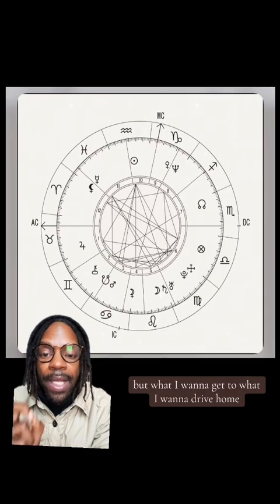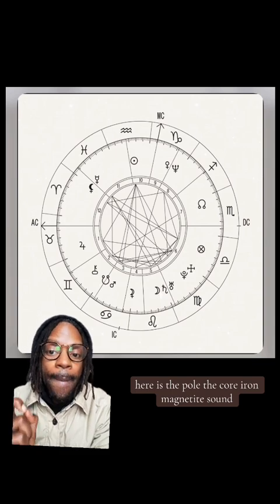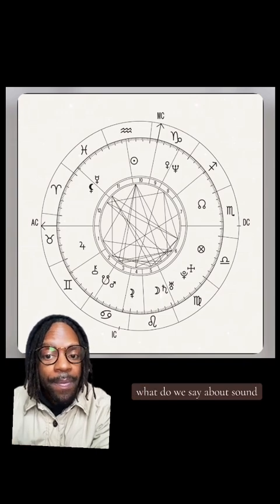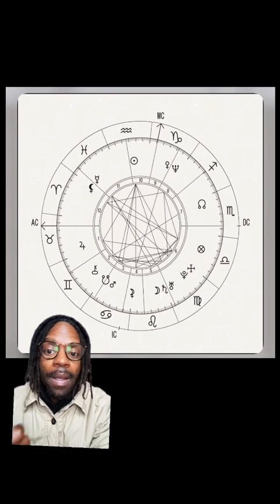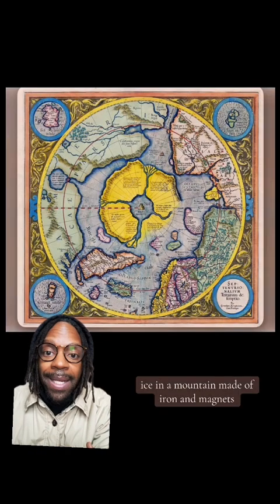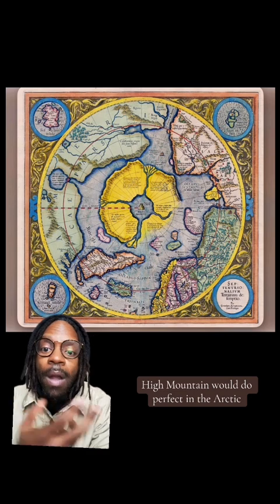But what I want to drive home here is the pole, the core, iron, magnetite, sound. What do we say about sound? Sound can create seasons, heat, ice. And a mountain made of iron and magnetite would do perfect in the Arctic.